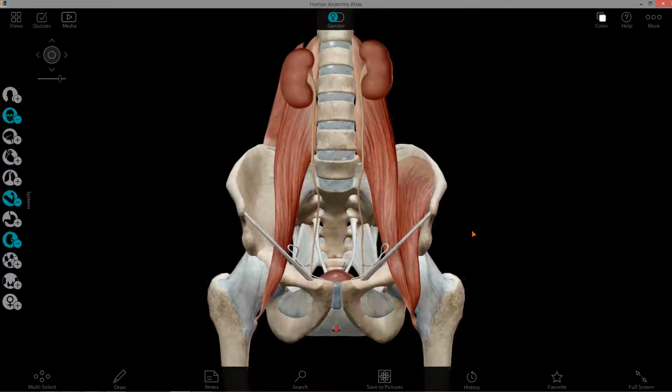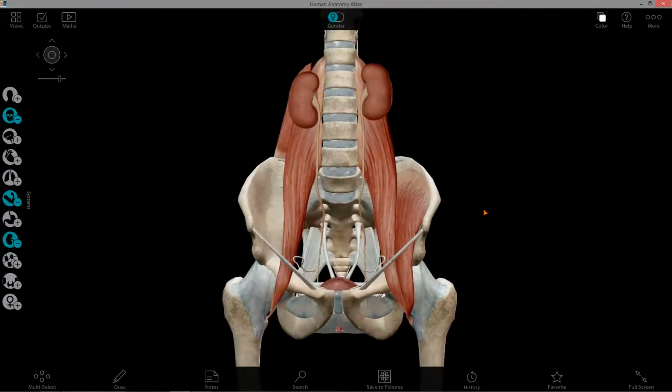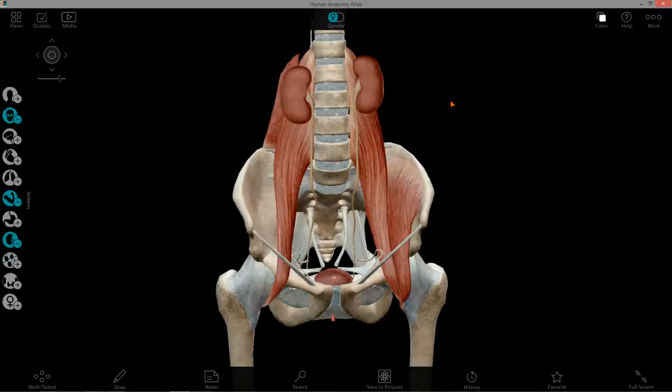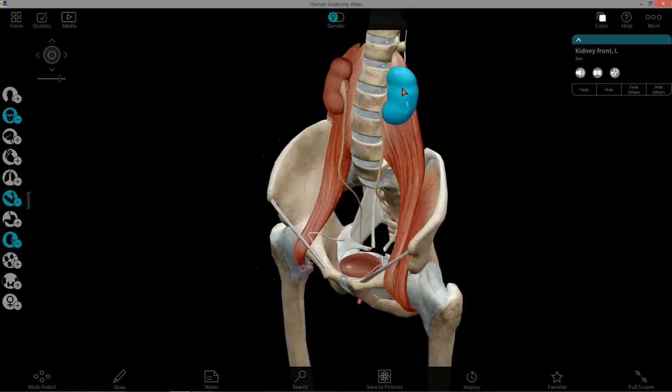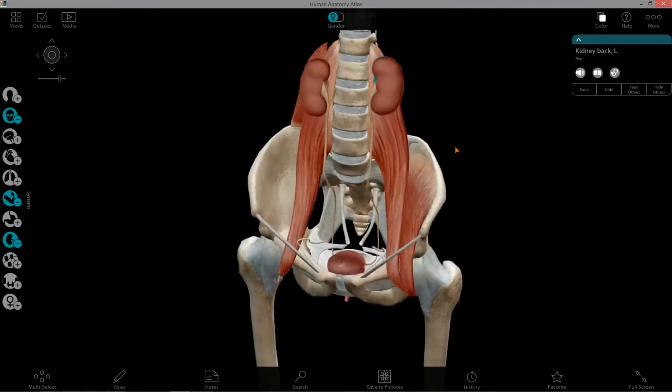And then finally, just moving superiorly, I'm going to zoom out a little bit. Finally, the last muscle of the posterior abdominal wall is the diaphragm, which I'll discuss a bit later in this lab. Although one note about the diaphragm in relation to the kidneys is that the superior posterior aspect of the kidney lies in close relation to the inferior surface of the diaphragm.